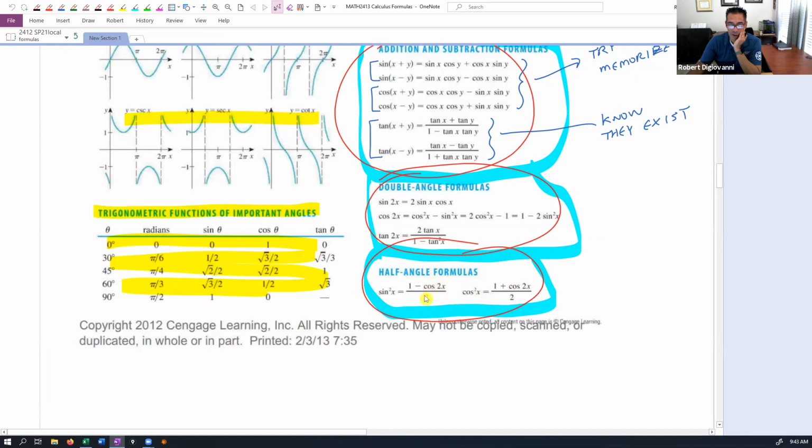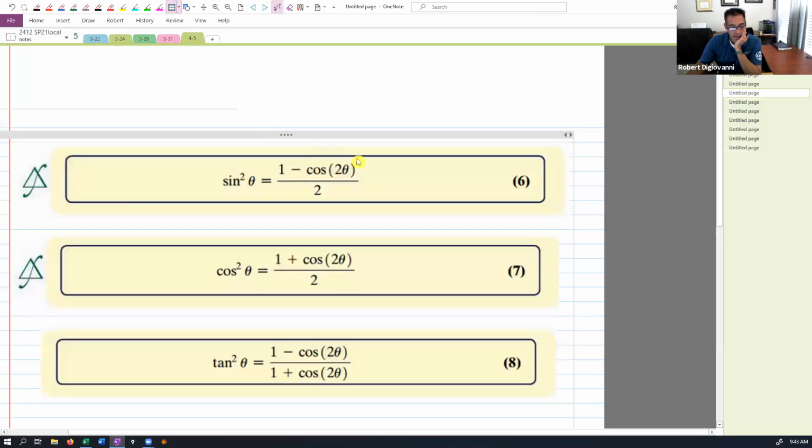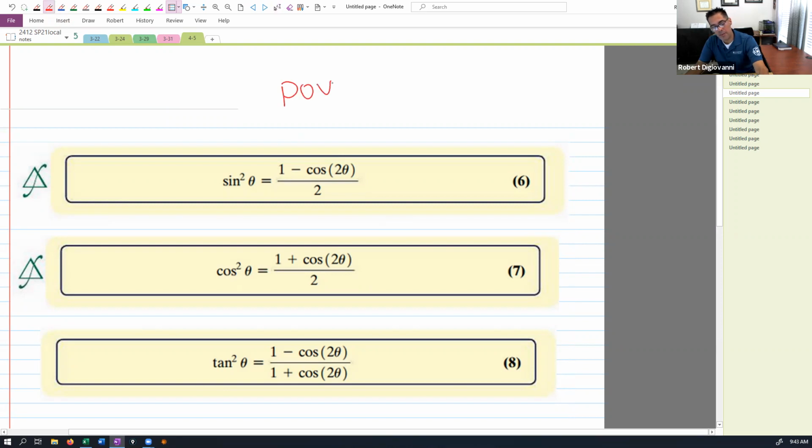Okay, half angle formulas. Please learn them as your half angle formulas, but I refer to these, and other textbooks do also, as the power reducing formulas.